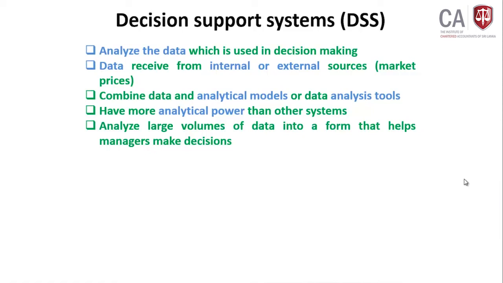This system has analytical power. Analyze large volumes of data into a form that helps managers make decisions. So, it uses big data in a form that helps managers to make decisions. For others to make decisions, they are analyzing the information.